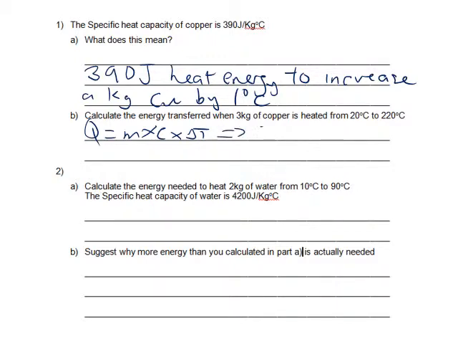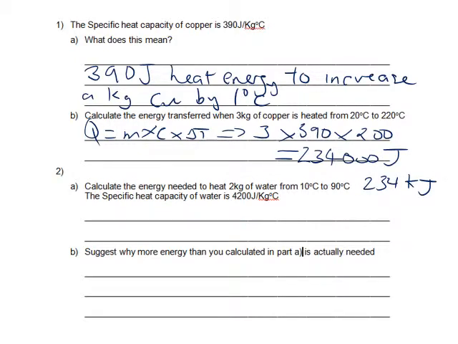So the mass is going to be 3 times the specific heat capacity of copper, given as 390, and times the temperature difference, which is 200. So if I use my calculator, 3 times 390 times 200 will be quite a lot, about 234,000 joules, or 234 kilojoules. Quite a lot of energy.